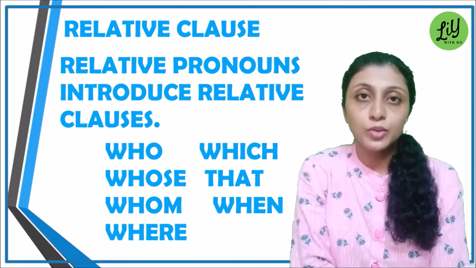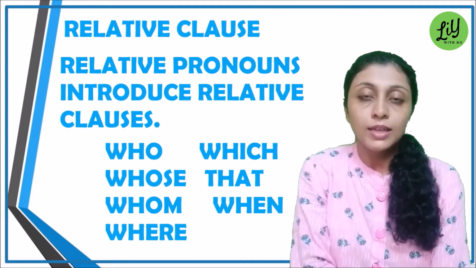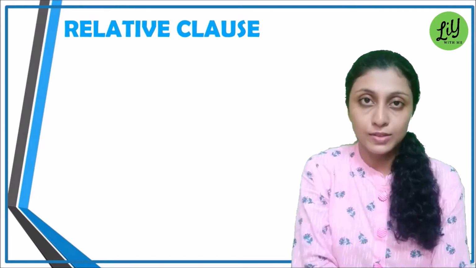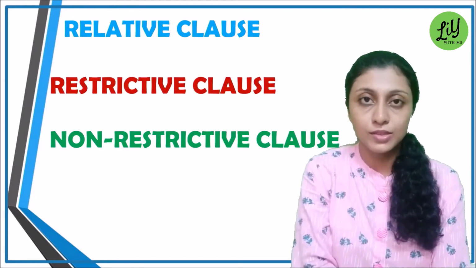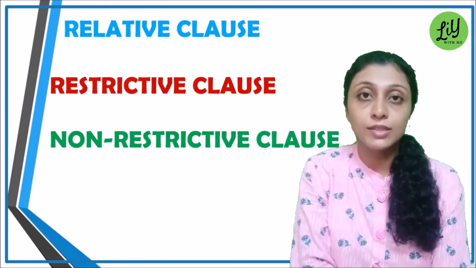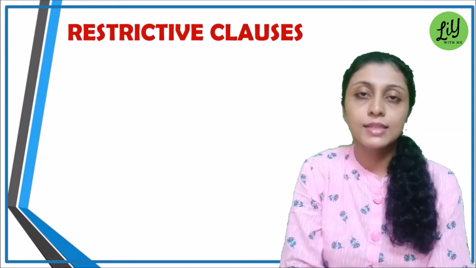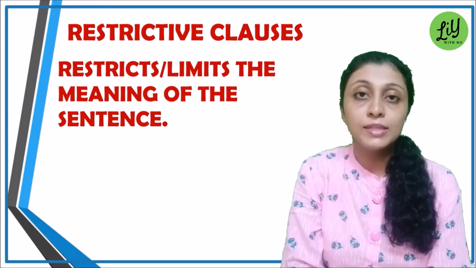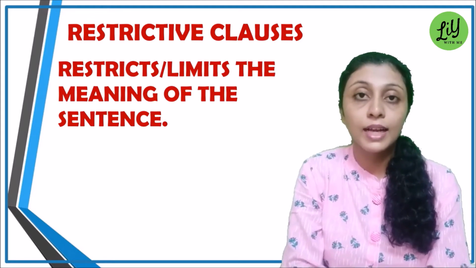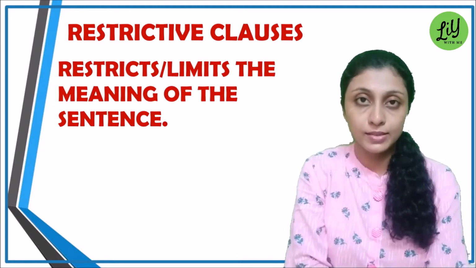Now that we have understood what the relative pronouns are, let's move on to the next subject, which is the types of relative clauses. There are two types of relative clauses. They are restrictive clauses and non-restrictive clauses. Restrictive clauses, as the name suggests, limit the meaning of the sentence. It narrows down the meaning of a sentence.